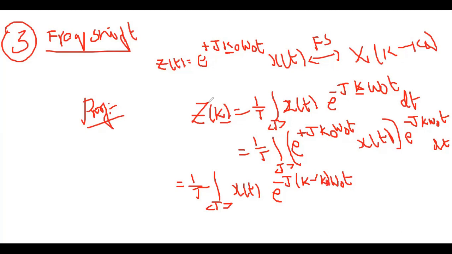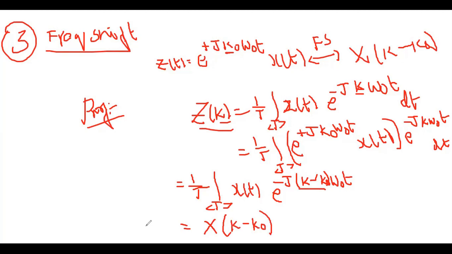So observe here, z of k is there, e power minus jk, where the frequency function is z of k. Now k is k minus k naught, and the x of t signal. So I count the exponential Fourier series, and you get x of k minus k naught. The frequency is shifted. Got it, my students?